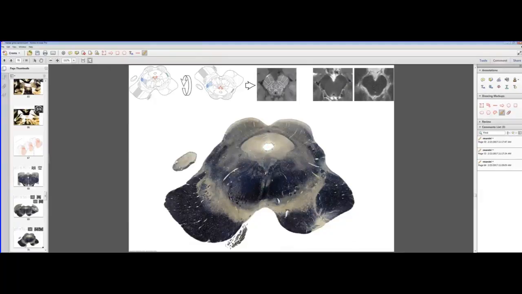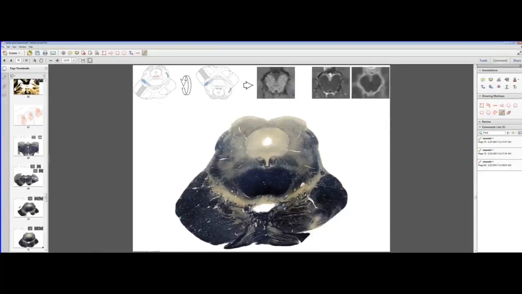So do you know what this white matter is? One more down. Right here, this one right here. Is it the superior cerebellar peduncle? Well, it sort of is. It's the decussation of the superior cerebellar peduncle.